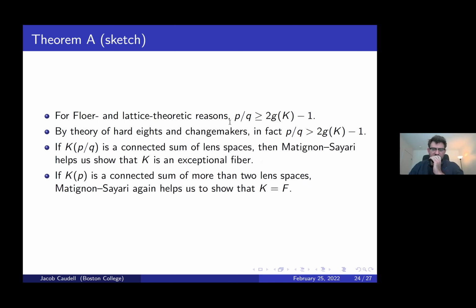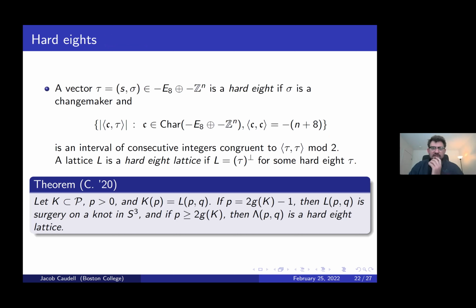In general, this intersection form is E8 plus Zn. And so the three cases you break it up into are n is equal to 0, n is equal to 1, and n is at least 2.